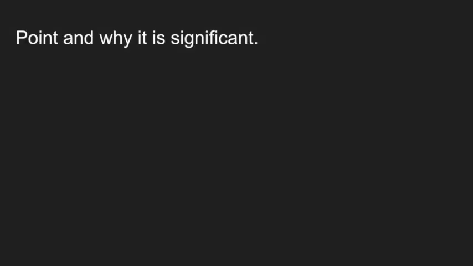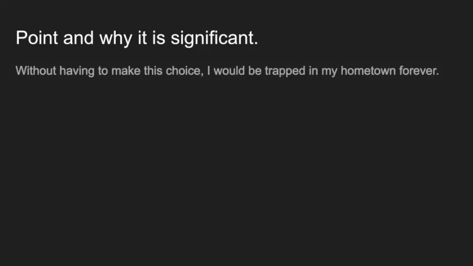Let's have a look at some examples of the main point and why it is significant. Okay, so these are not about actions particularly, but they're trying to give an overall sense of why this is important. What is the significance of this story? "Without having to make this choice, I would be trapped in my hometown forever."